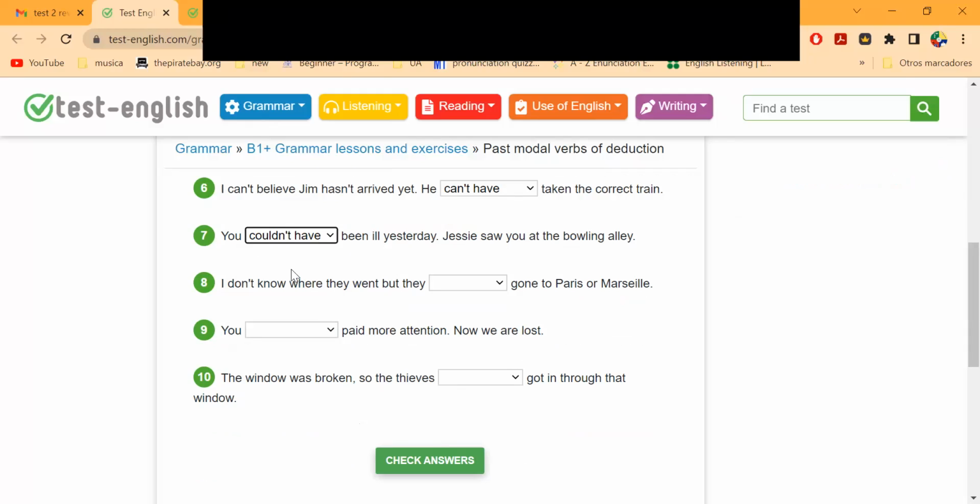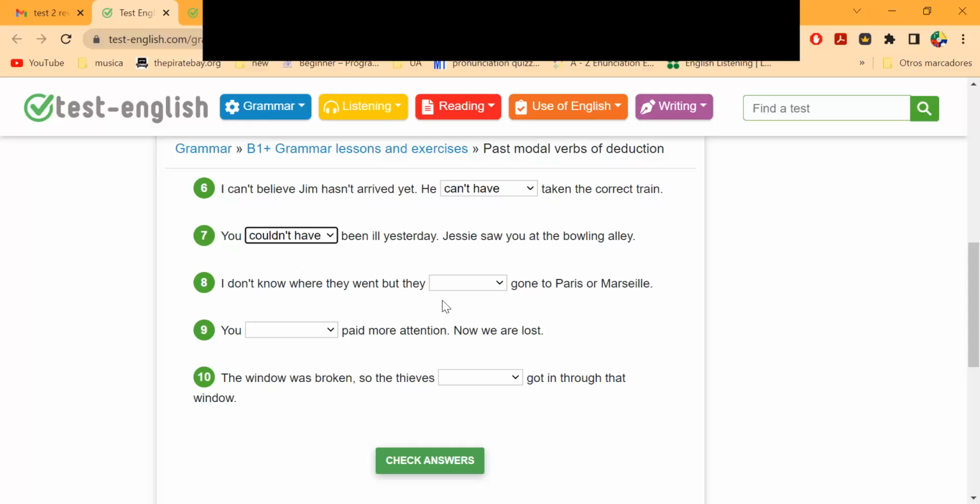Pero se puede ocupar, y aquí yo como que lo tenía semi claro, y yo lo aprendí, porque lo más usual es, como ya lo hemos visto en todos los libros y yo les he explicado, es el can't have, ¿no es cierto? You can't have been ill yesterday, pero no sé por qué, aquí suena mejor el couldn't have, y está bien. ¿No pudiste haber estado enfermo ayer? Me estás mintiendo. Jesse saw you at the bowling alley.